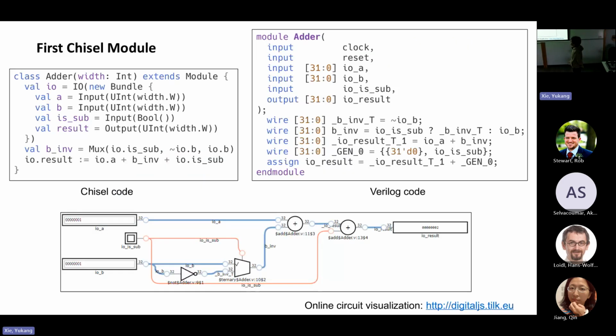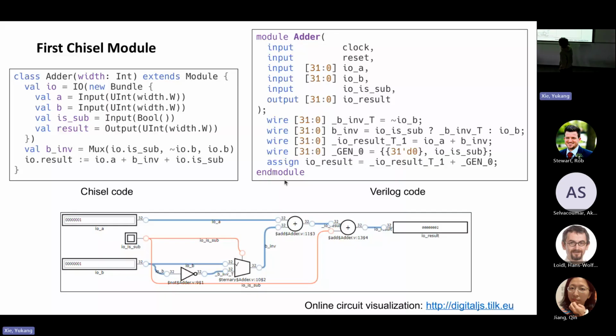And I will directly give you a simple hardware module written in Chisel here, which is basically an adder. It takes two inputs and either does a subtraction or an addition on the two inputs and generates the output.